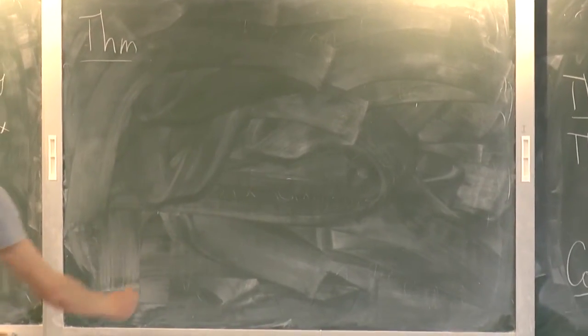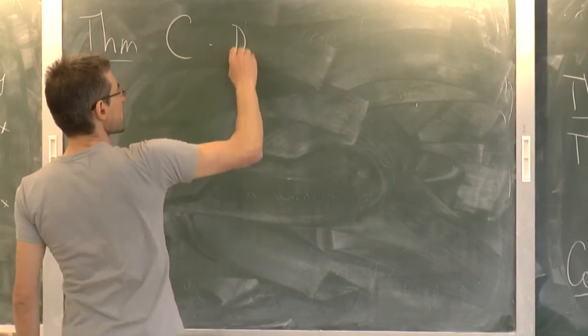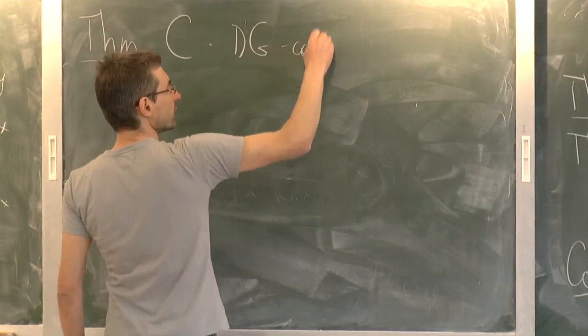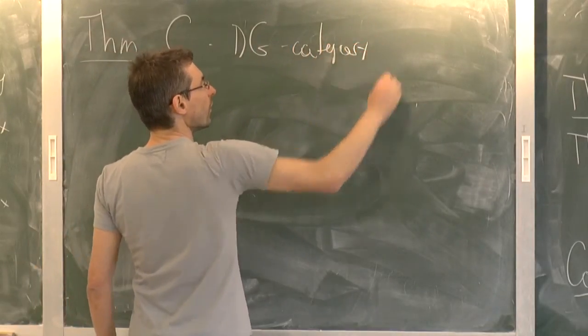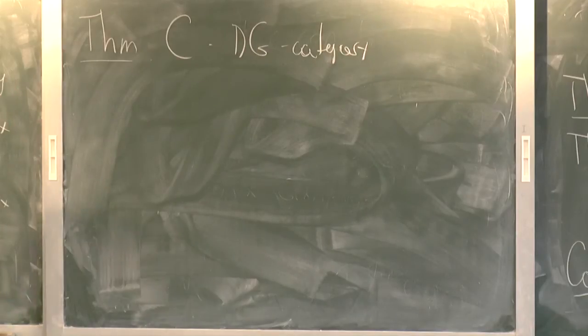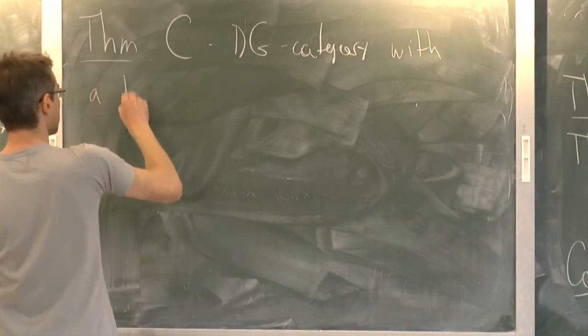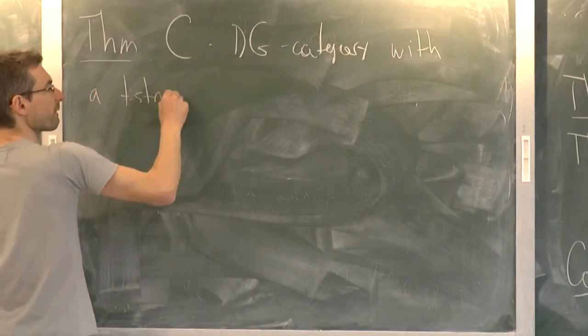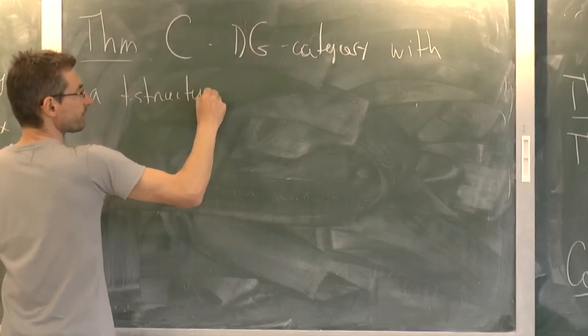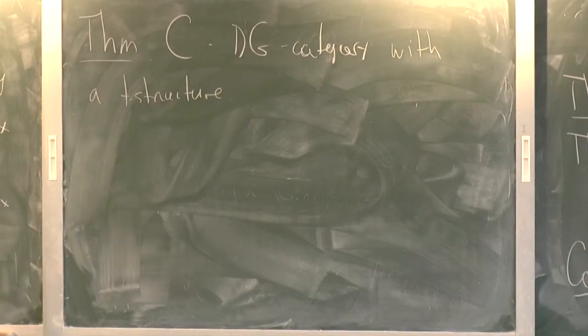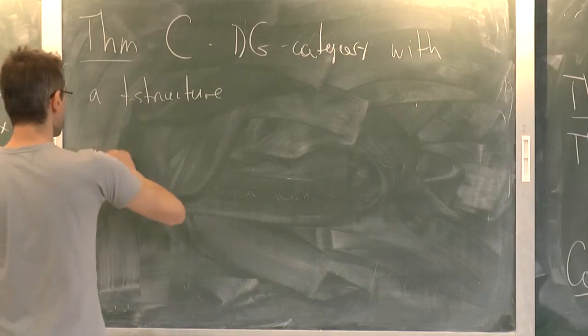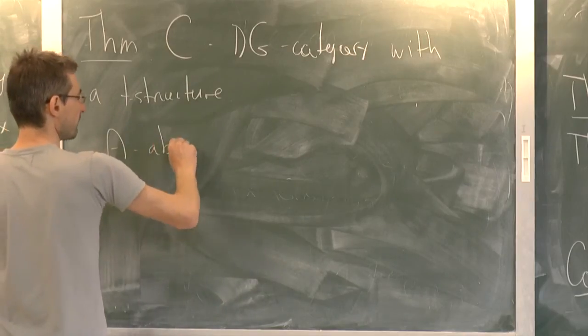So suppose C is a DG category, and like all our DG categories, it's co-complete with a T structure. And let A be an abelian category.